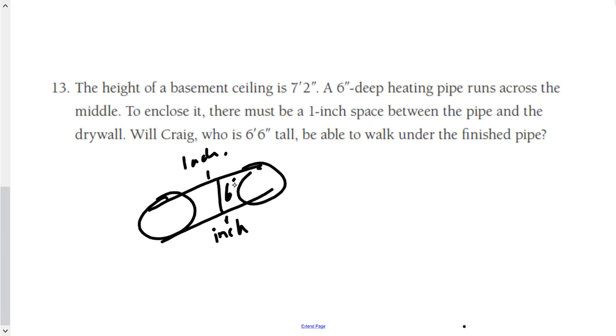And this is already 6 inches. And if the wall is 7'2", and I'm taking away 8 inches, essentially, this should leave us with, go down 2 inches, that gives us 7 feet, and then another 6.